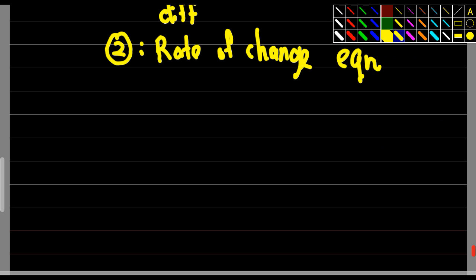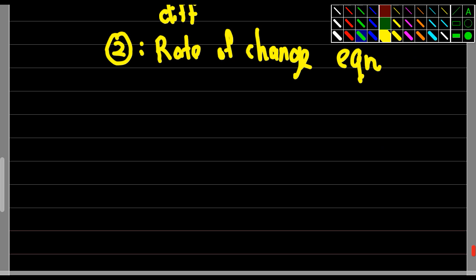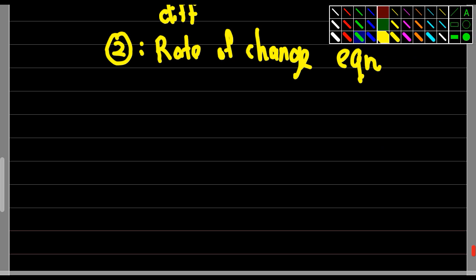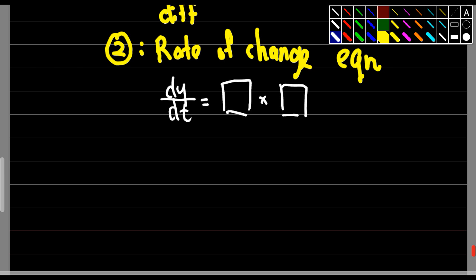So we need to write down some examples. For example, I say dy over dt. Now this must be equal to something times something, right? So what do I write inside here? d something over d something, times d something over d something.